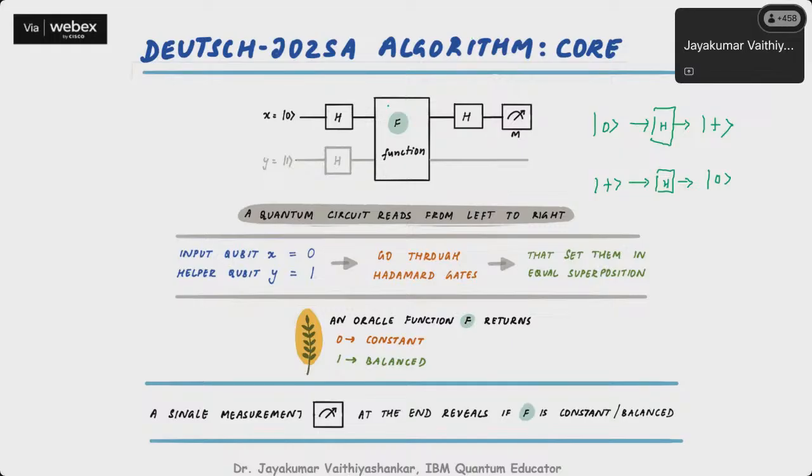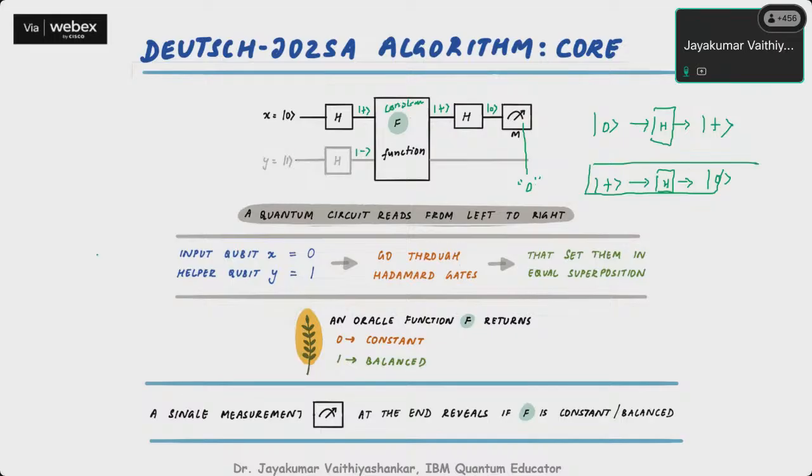Suppose your function is constant, it will react with the positive state and negative state, but here it will yield only the positive state. From the positive state, what happens? If you apply the Hadamard gate, you get state 0. From state 0, if you do measurement, you get binary value 0.